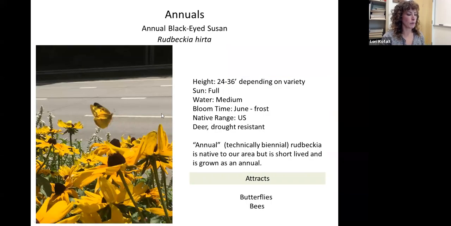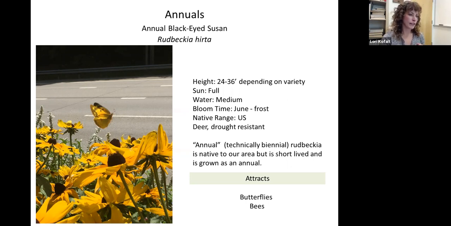And then annual black-eyed Susan. So annual is sort of a misnomer for this. Annual means a plant completes its life cycle in 1 year, or that will not overwinter in a particular area. This Rudbeckia is biennial, which means it takes 2 years to complete its life cycle.